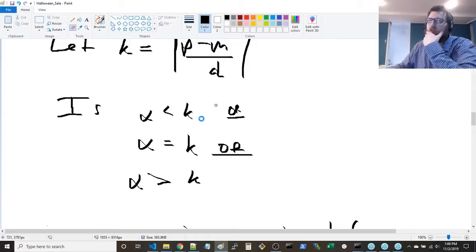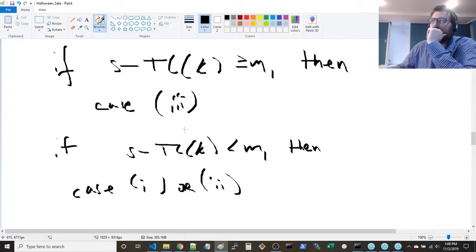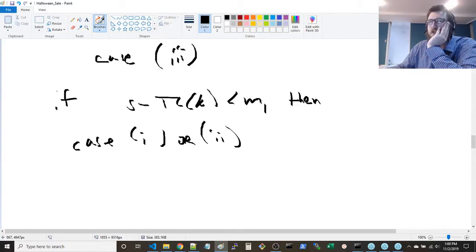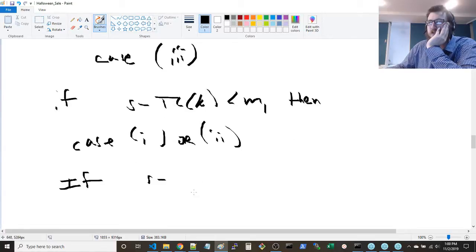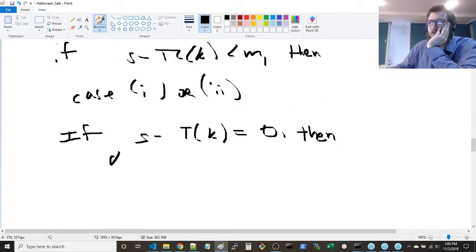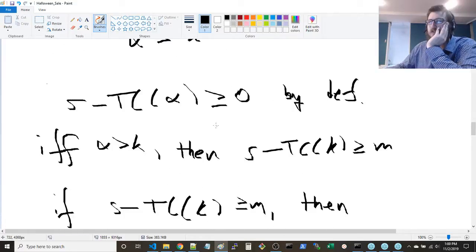Okay. Interesting. So if this is less than m, now if s minus t of k equals 0, then alpha equals k.